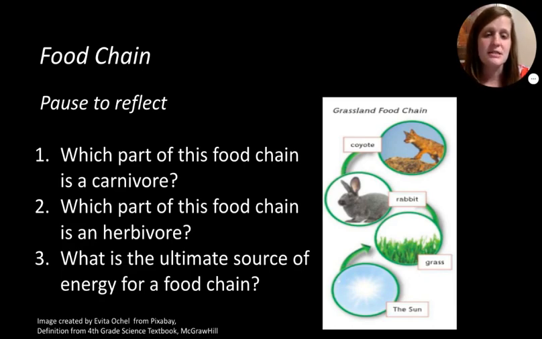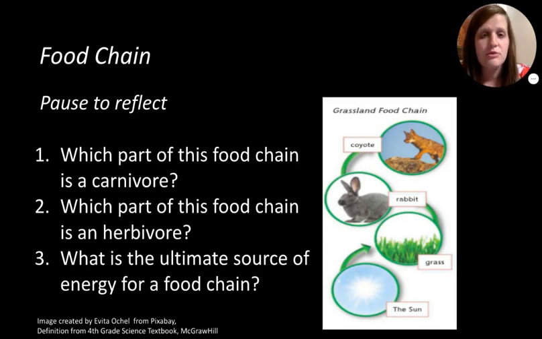So the grass is giving the rabbit energy. So the rabbit would be considered higher on the food chain than the grass. And then finally, you have the coyote that eats the rabbit. So the rabbit gives energy to the coyote. And in this instance, a coyote would be considered the highest on the food chain.